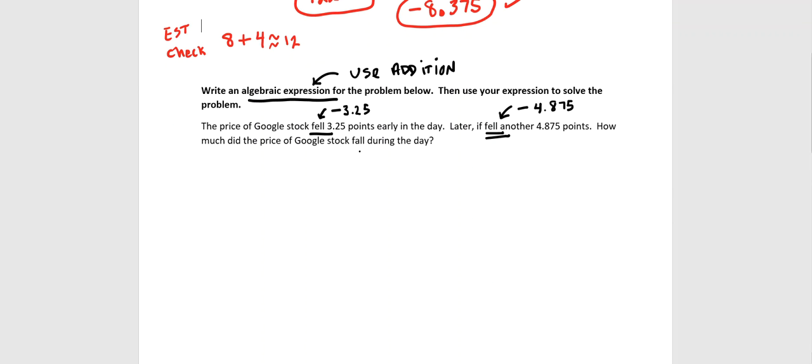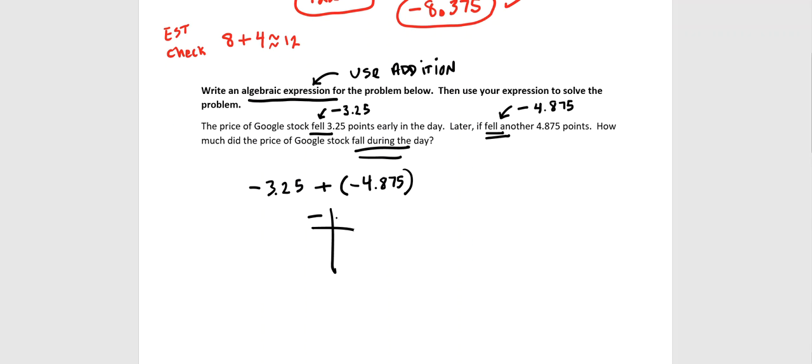It wants to know how much did the stock fall during the day. It's essentially asking how much did it fall in total. So if we fell one amount and we fell another, then it makes sense that we would just be finding the total by adding those together. So negative 3.25 plus negative 4.875 should tell us how much it fell during the day.